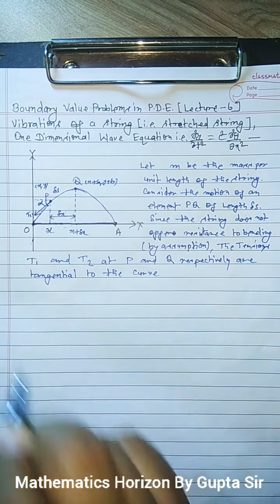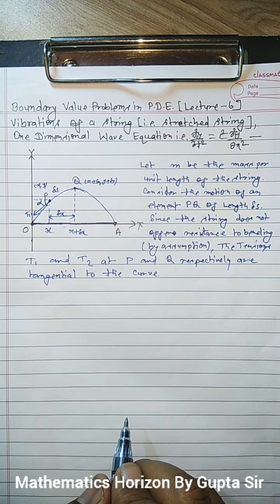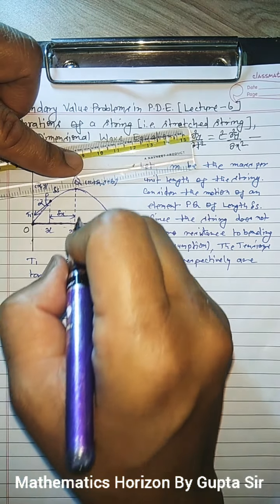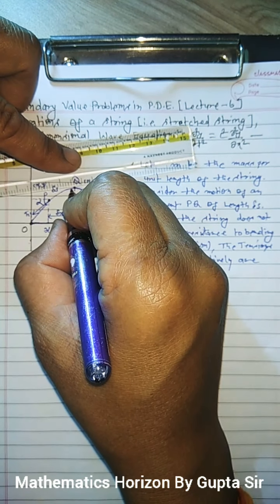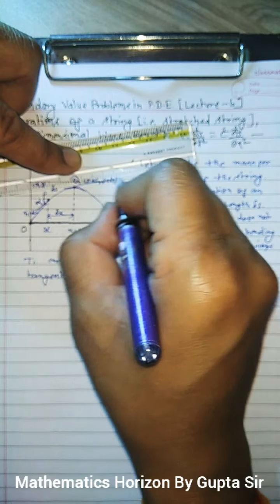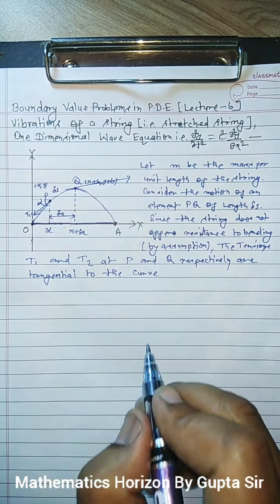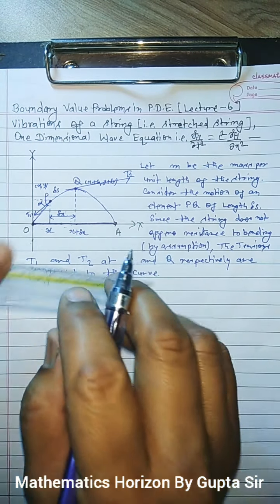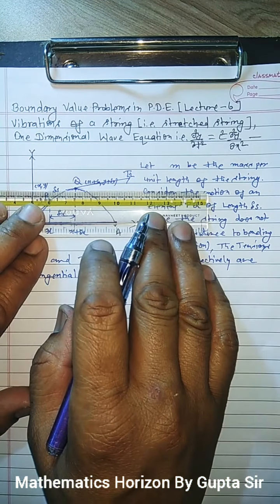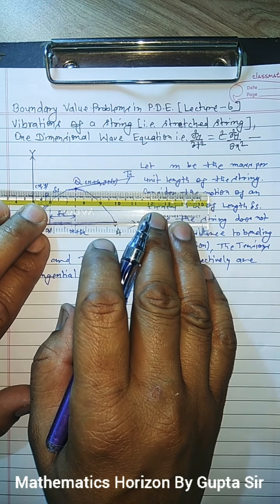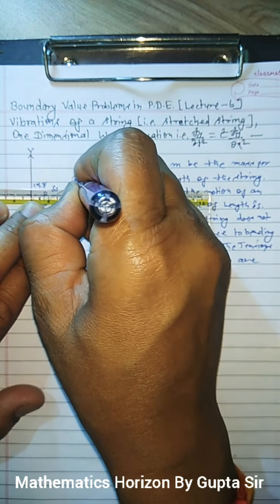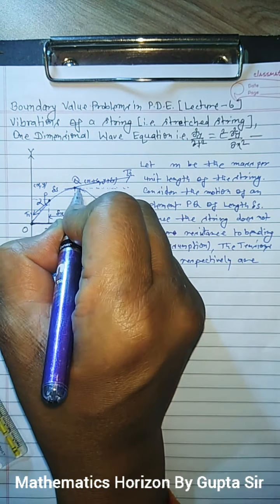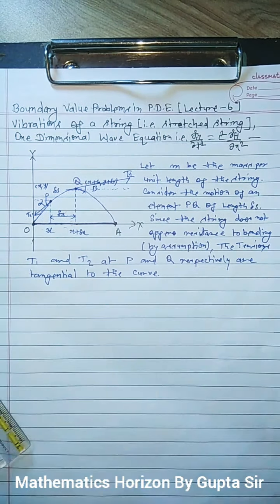This is the tension T1 in the downward direction, and T2 in the upward direction. This is the tension T2, and this angle is beta.